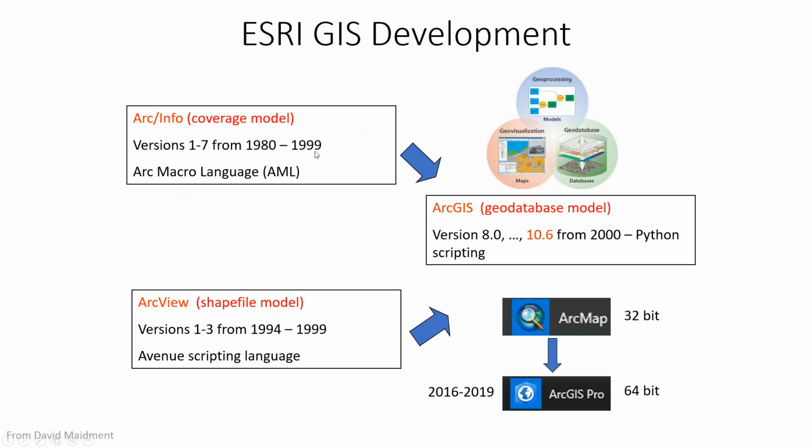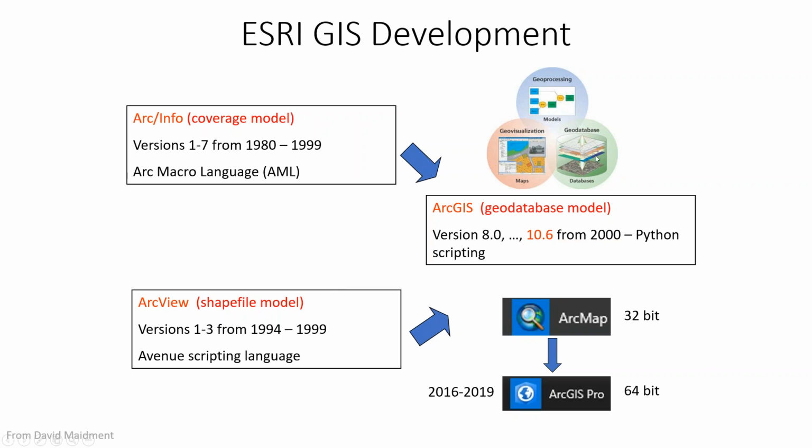Then to make it more user-friendly and work on PCs, ArcView was developed and went through versions 1 to 3 from 94 to 99, and it had a scripting language called Avenue, and that's where the shapefile came from. The shapefile has been one of the really popular file formats because it was made open and anybody could construct a shapefile and work with it.